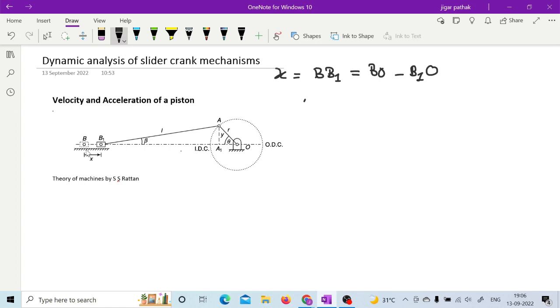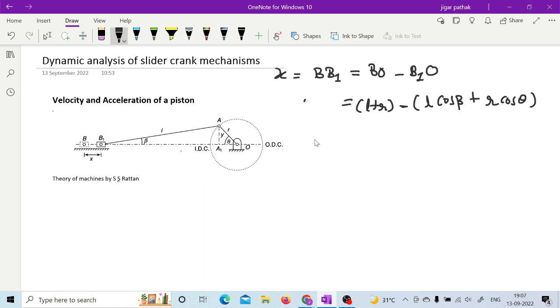So if we consider B as top dead center, then at this particular point B, the distance OB can be given by L plus R. Now if you see B1O, it can be represented by L cos beta and R cos theta. So I can write B1O as L cos beta plus R cos theta, from the geometry of the figure.